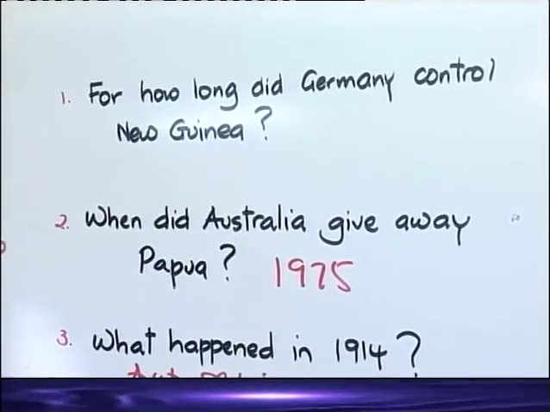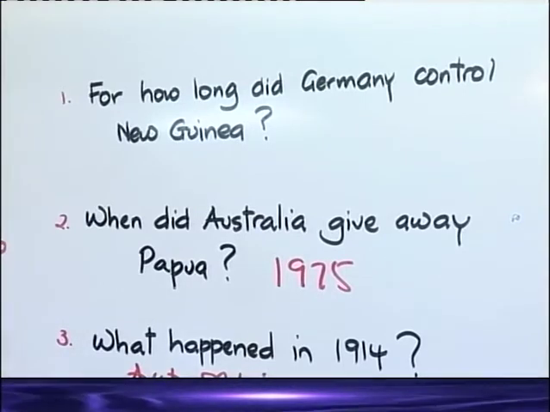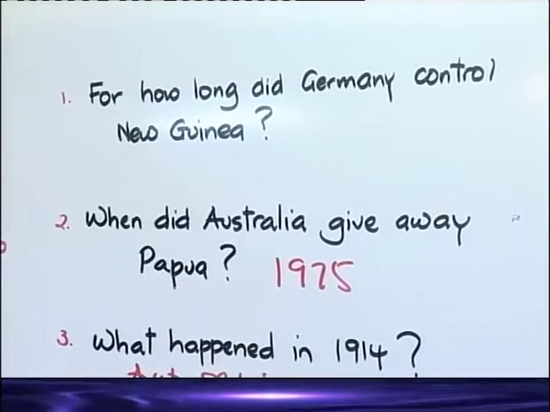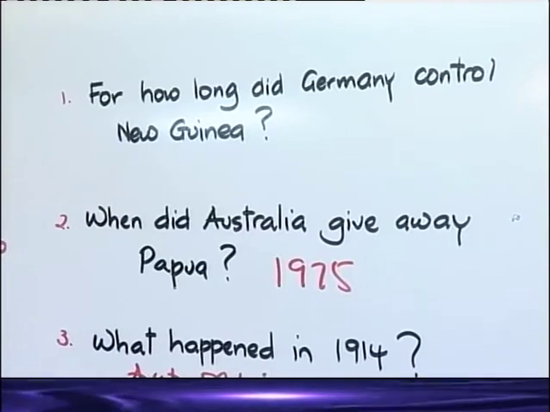It started in 1884 that the Germans established their new government in New Guinea. So how many years?